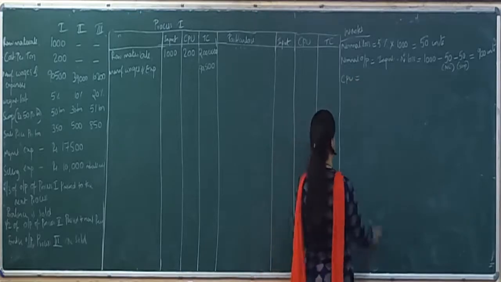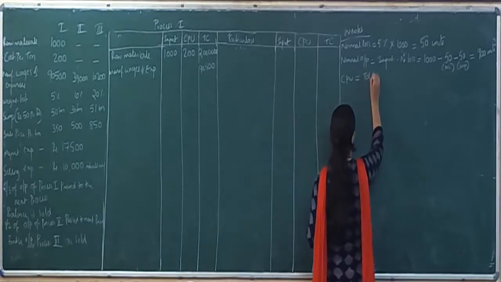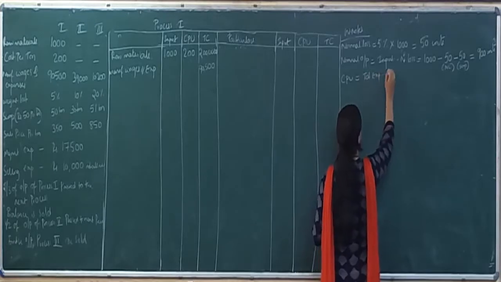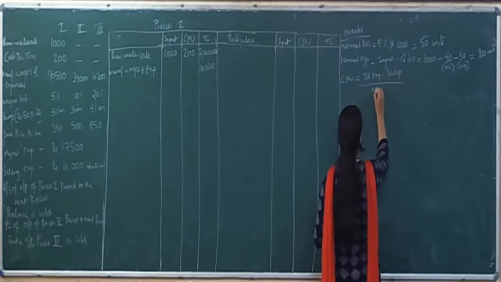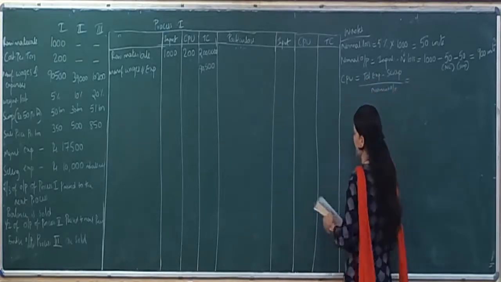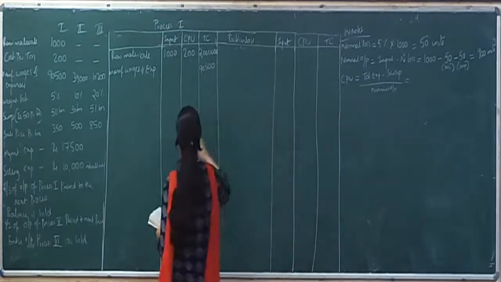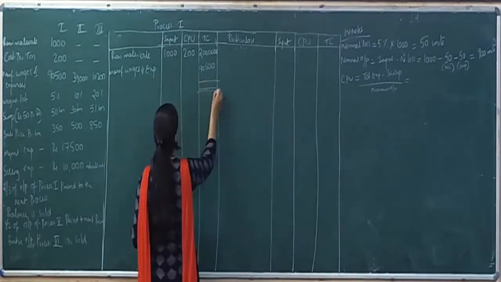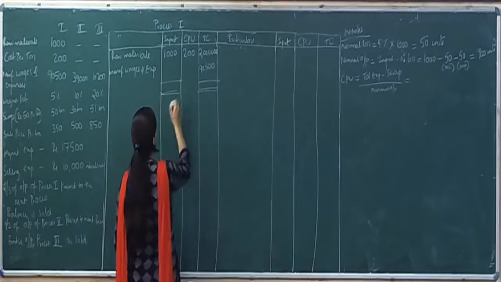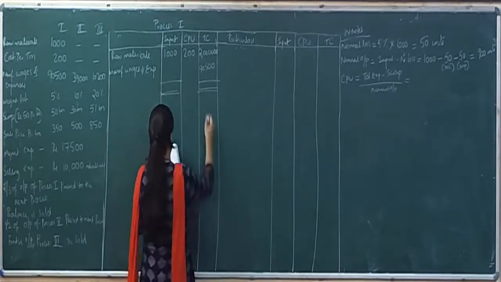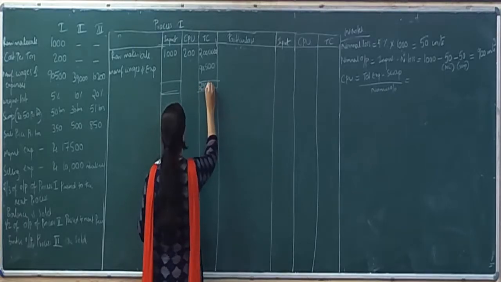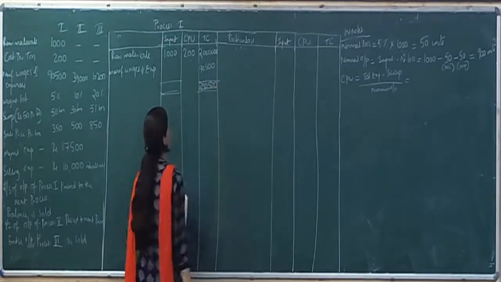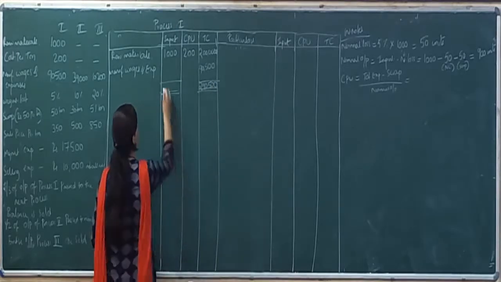Apply the formula for cost per unit, that is total expenses minus scrap, divided by normal output. So we can make a total of this side to find out the total expenses. This comes to 2,90,500.